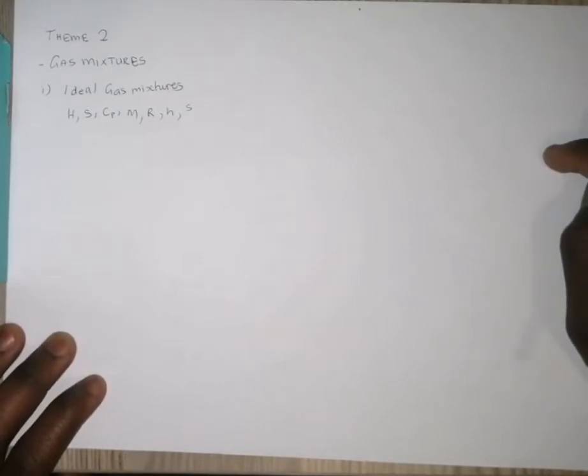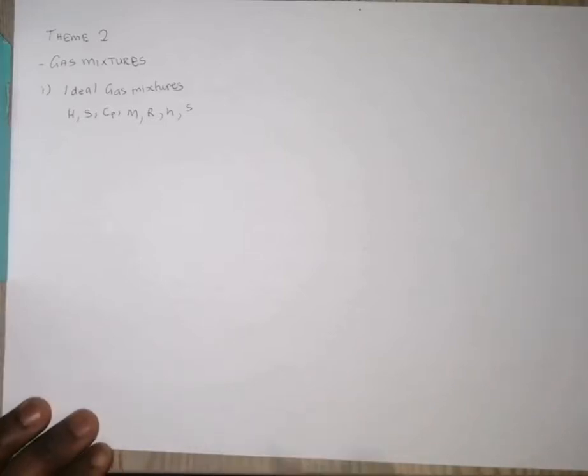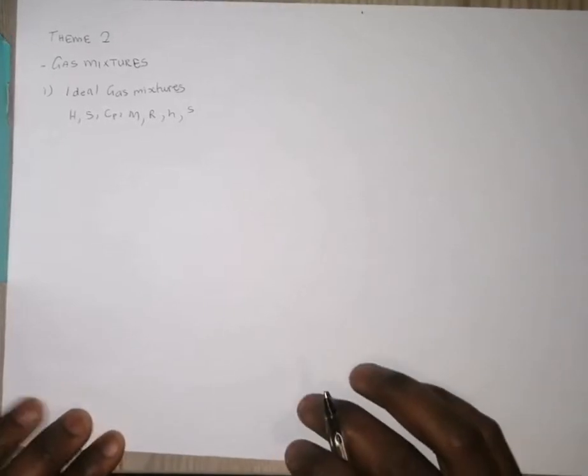For ideal gases or real gases, it is easy to find these if it is not a gas mixture, if it's just a pure gas. So we have to find a way to make things easier to find if it is a gas mixture. So we're going to learn some new terms.